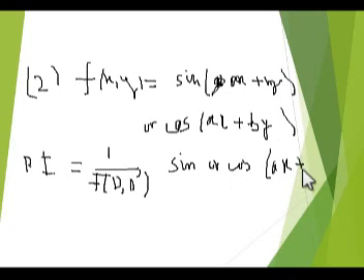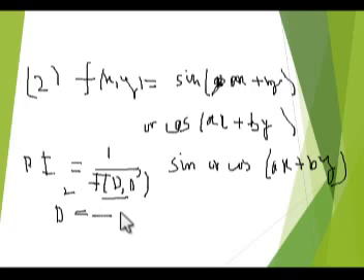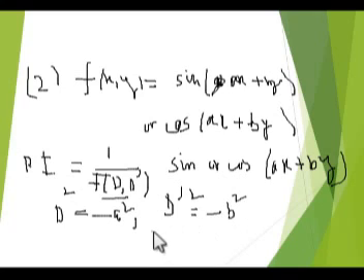So you have to calculate in this way: replace D square by minus a square, D' square by minus b square, and DD' by minus ab.